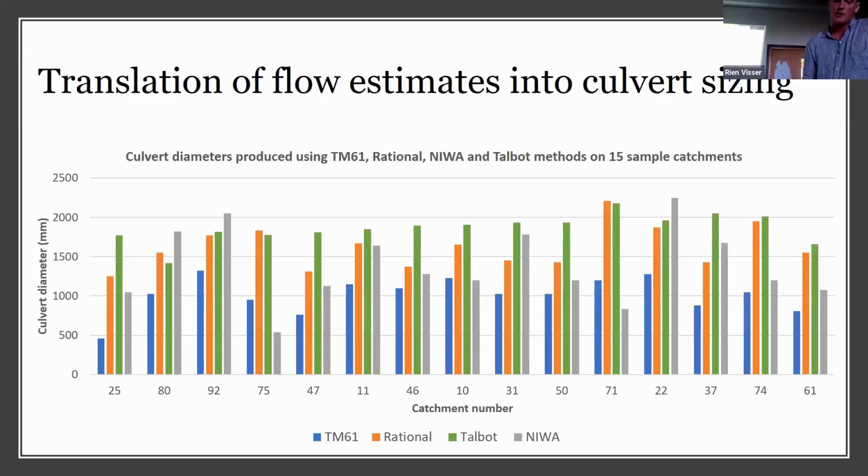As the graphic shows, the TM61 method regularly, as would be expected from its flow estimates, produces the smallest culvert diameter, while the NIWA and rational method, and also the Talbot method, surprisingly, follow relatively the same trend across all of the 15 catchments.